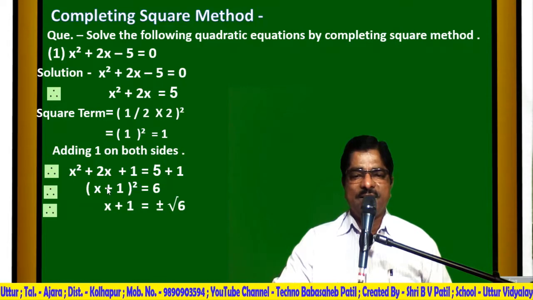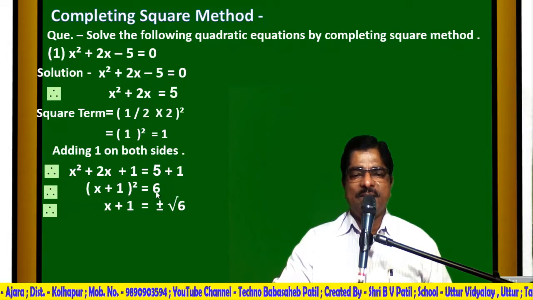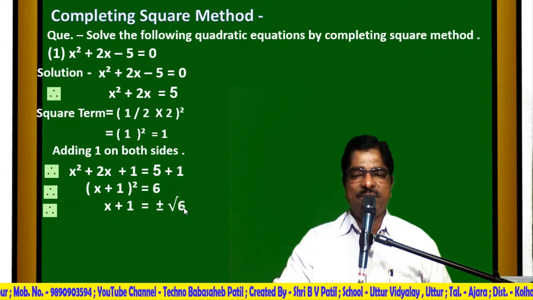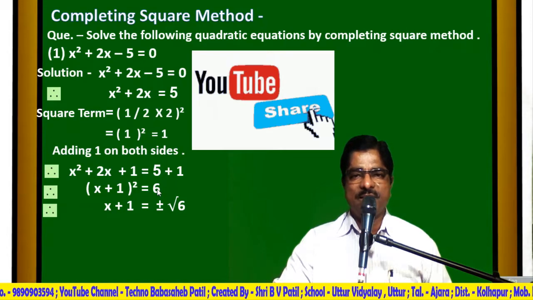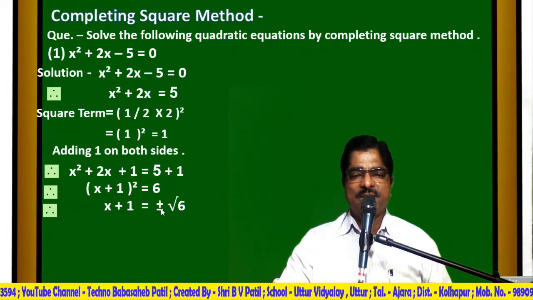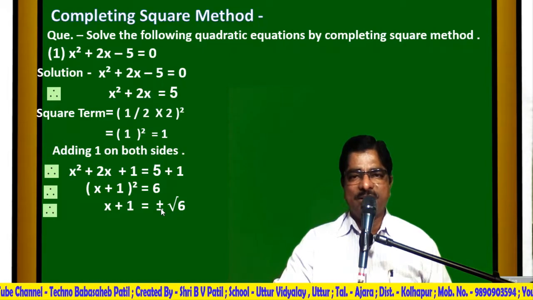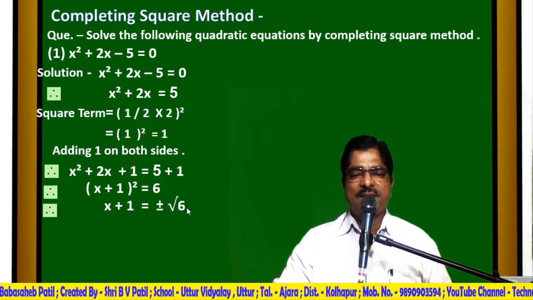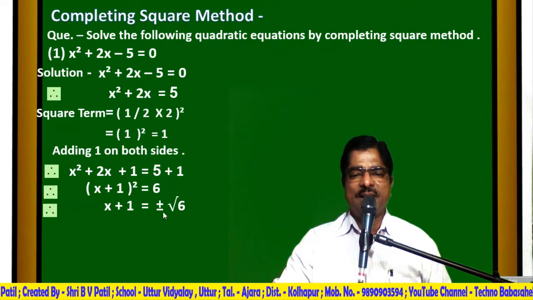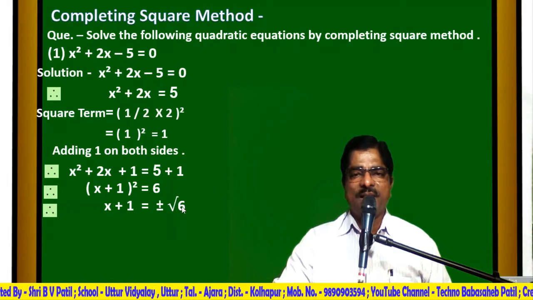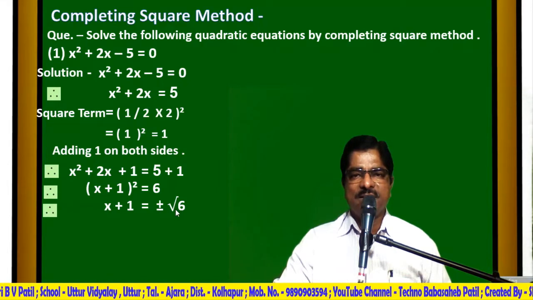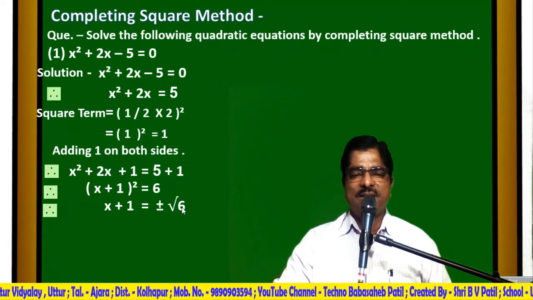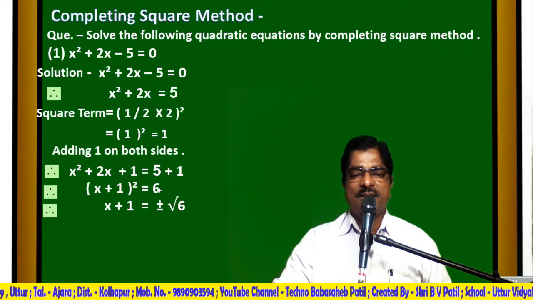The square cancels, x plus 1 remains, equal to root 6, which remains root 6 because this is not a square term, and plus or minus are the possibilities, because plus root 6 squared is 6 and minus root 6 squared is also 6.